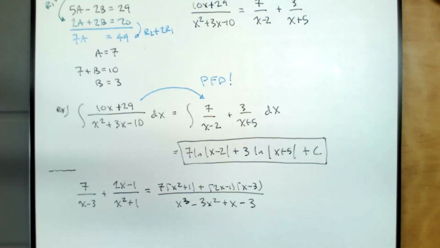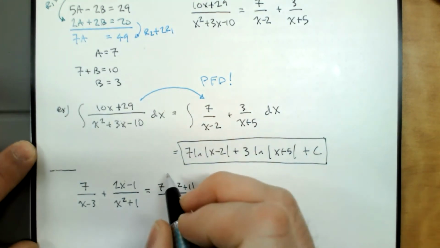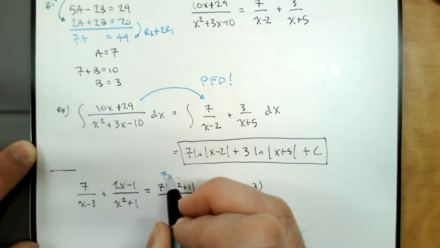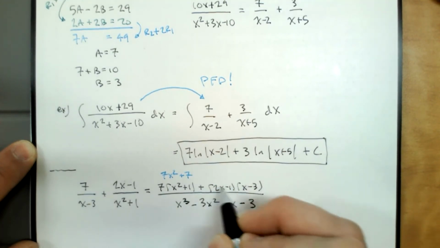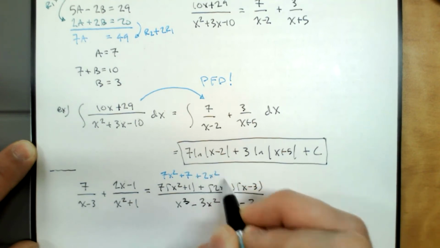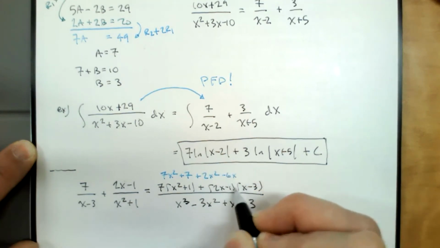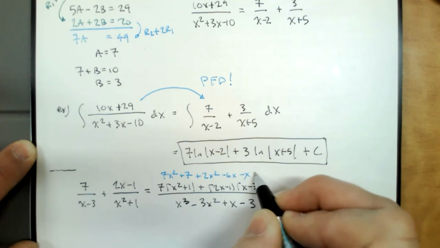So my numerator is going to be 7x squared plus 7 plus 2x squared minus 6x minus x plus 3.